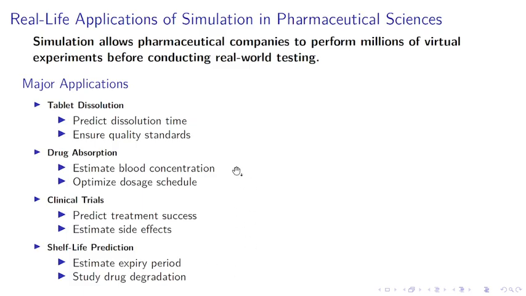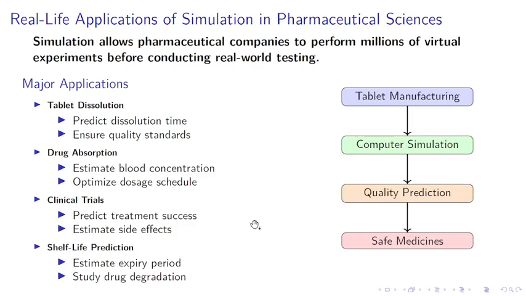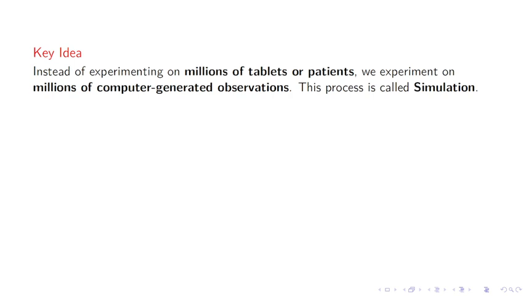All these five major applications are by using simulation: tablet manufacturing, computer simulation, quality prediction, and safe medicines are the goal of simulation of random numbers.